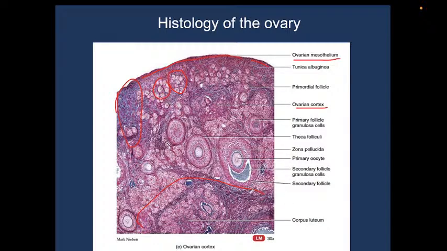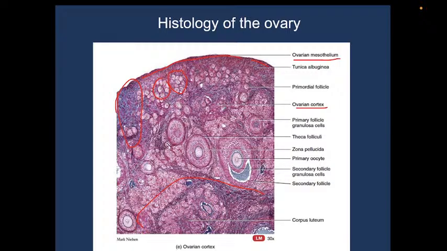Like in other organs, for example the thymus or the suprarenal glands, they also have cortex and medulla. And the same situation we see in the ovary, cortex and medulla.